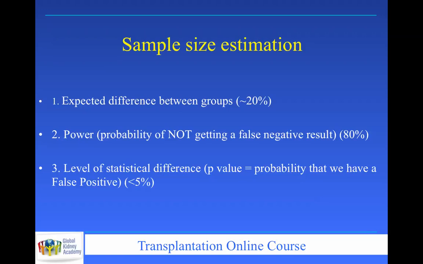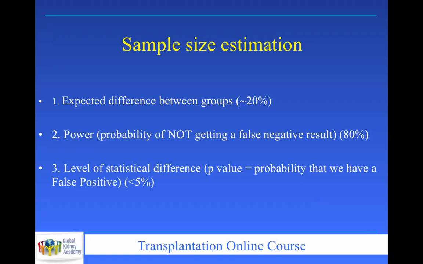The level of statistical difference, the t-test or the p-value, is the probability that we have a false positive result. So we want the probability of having a false positive less than 5%. We want the probability of not getting a false negative 80% or higher.